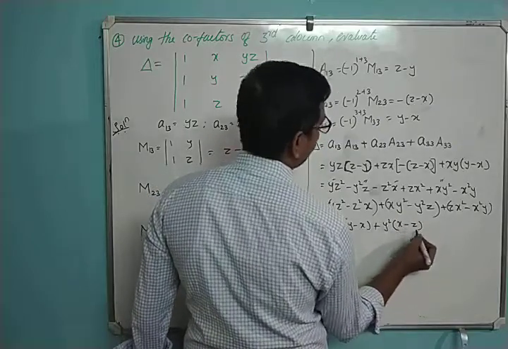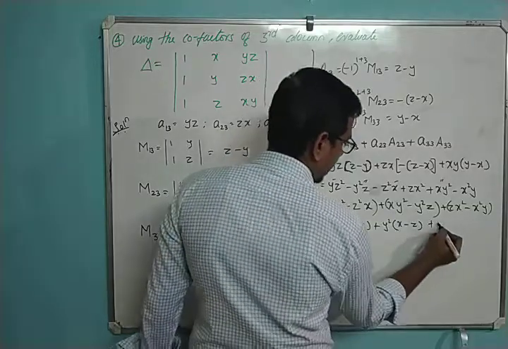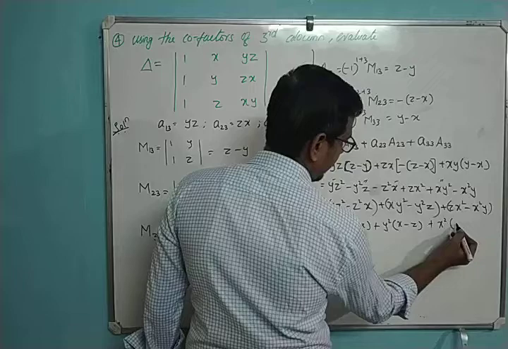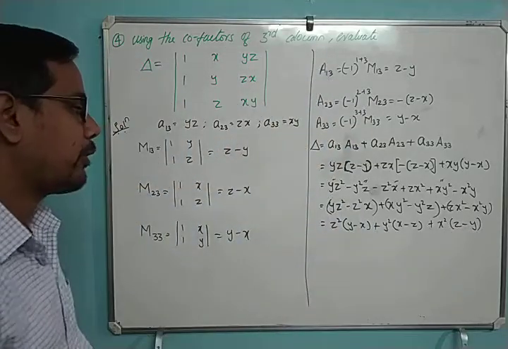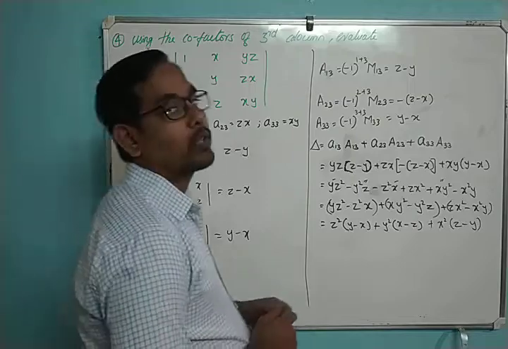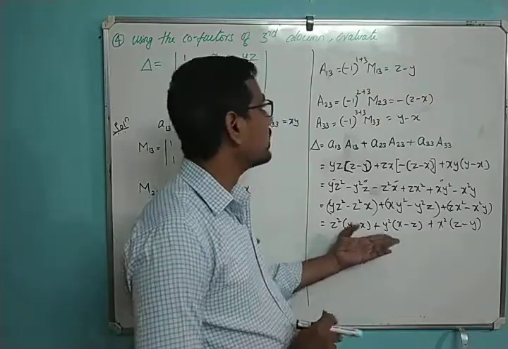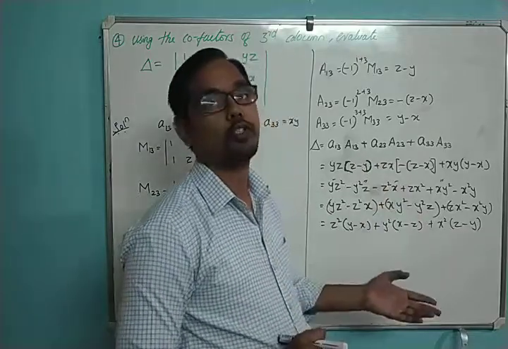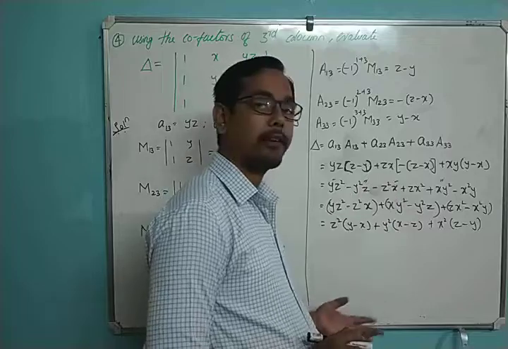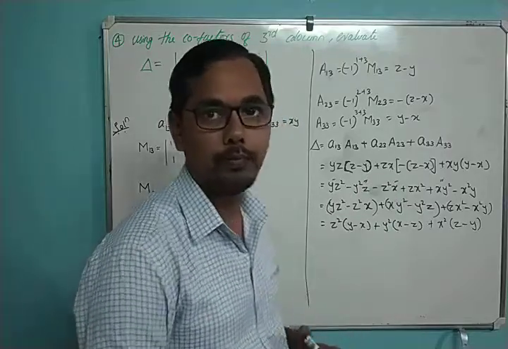X minus Z. And here if I take X square common, what will be left? Z minus Y. So this will be one of the solutions, right? So there are multiple solutions available for this, right? So because they have not asked us to prove anything, you can do it up to here, or some other solution is also there, right? We can do it in other way also, which I will explain. You just take a moment and pause the video.